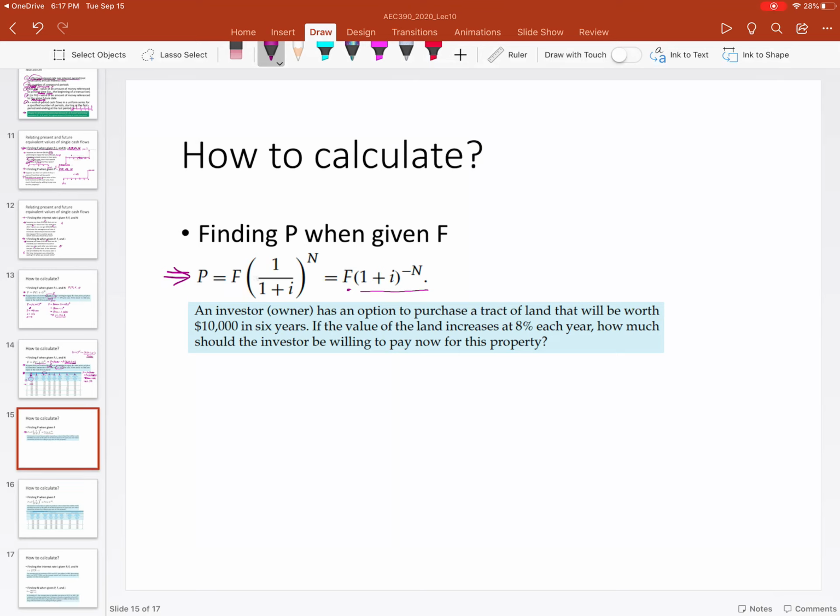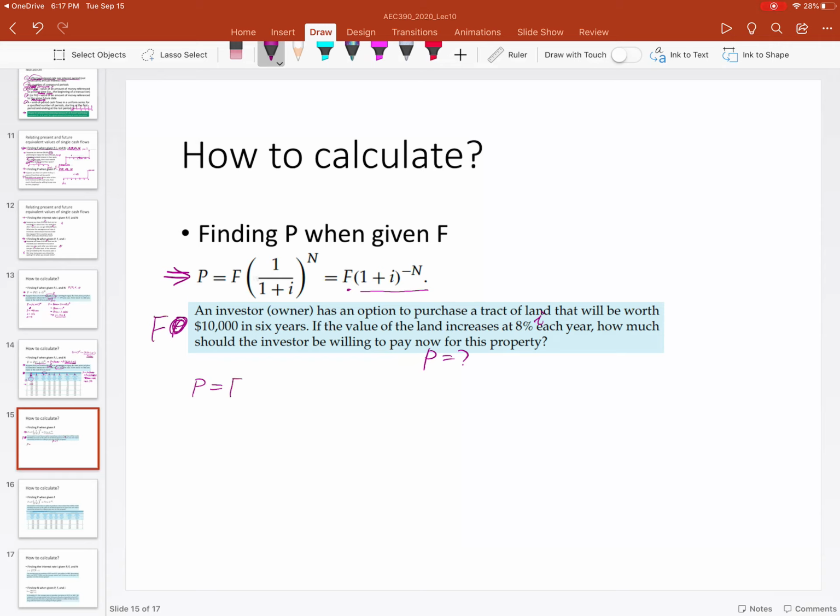So now the question is, an investor has an option to purchase a tract of land that will be worth 10,000. So that's your future value, because it's in 6 years. If the value of the land increases at 8%, that's your I, each year, how much should the investor be willing to pay now? So that's the present value, unknown.